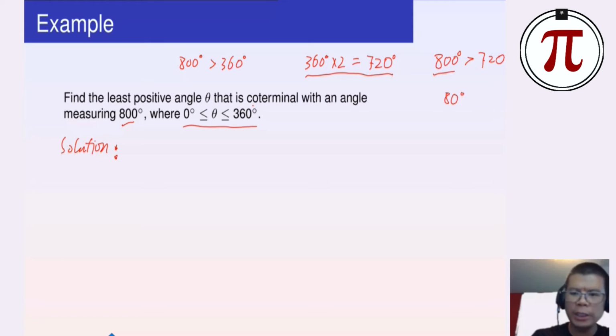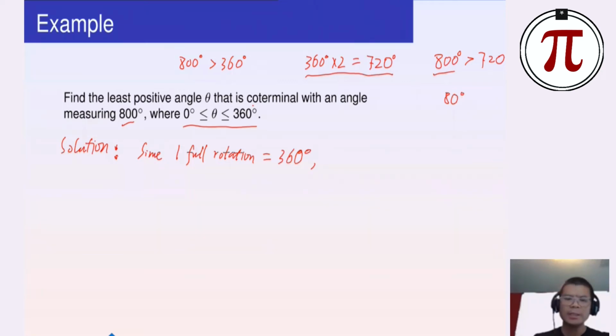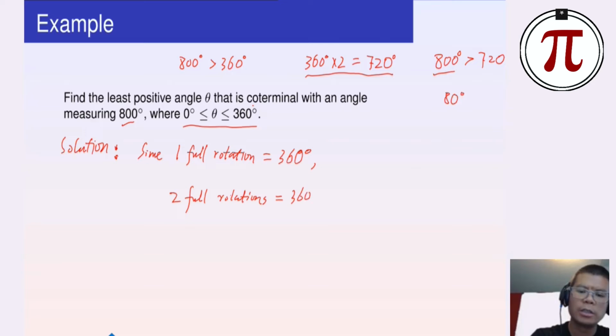Solution. Since one full rotation equals 360 degrees, then two full rotations equal what? 360 times 2, which equals 720 degrees.